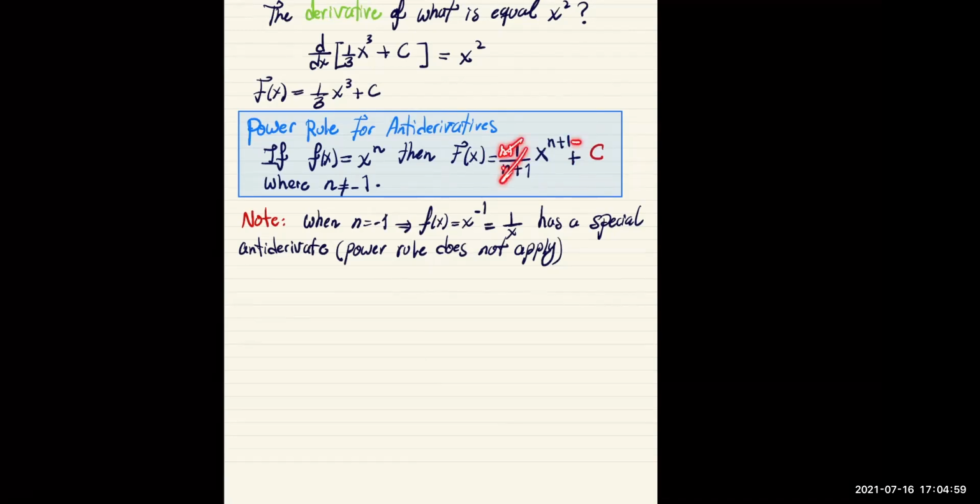And you take away 1 from that power, so you end up with just x to the n. I ended up with little f. Very simple proof. If you want to show capital F is an antiderivative of little f, you take the derivative of capital F to show that you get little f.